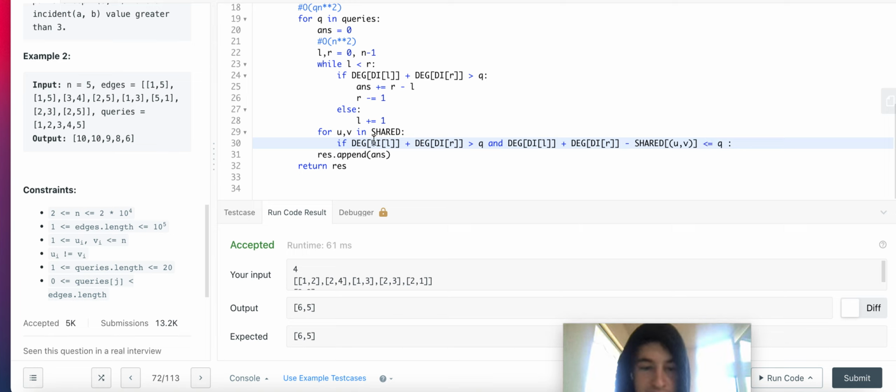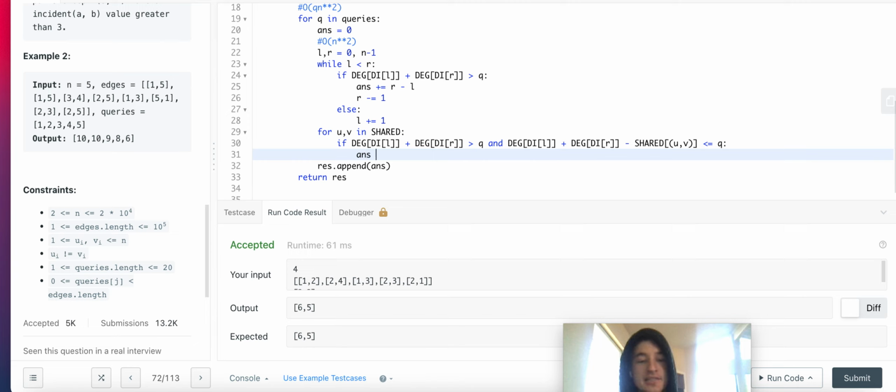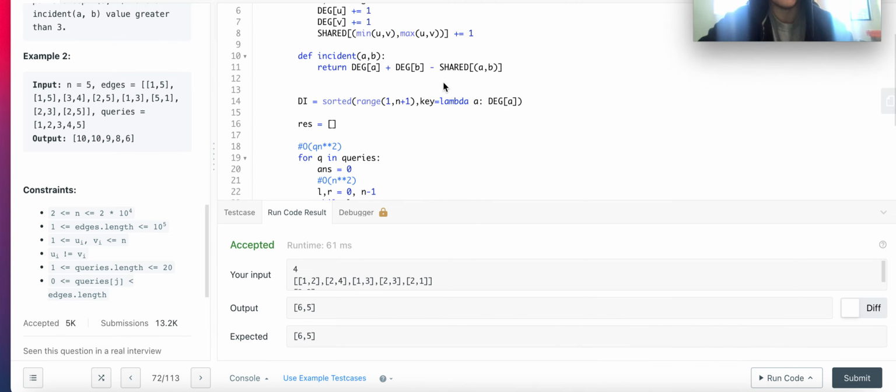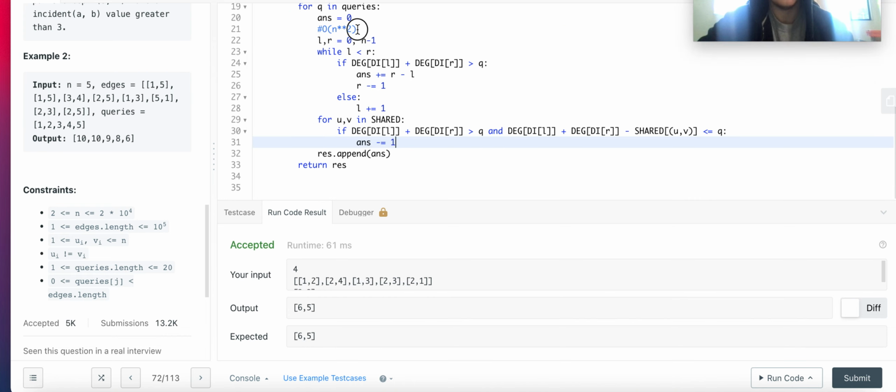So this is basically saying if we ended up counting this into answer, that's what this means here. But the actual solution is less than or equal to Q. The actual incident, which is this formula, is less than Q. That means we've overcounted this one. This actually isn't a solution. We thought it was, but it really isn't. And with that, that is the answer to this problem.